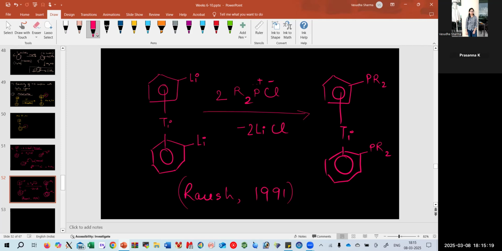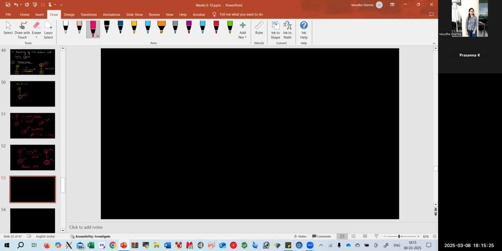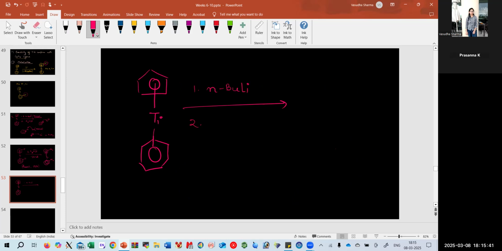Now, in a similar scenario, if I'm not giving a very strong base like TMEDA, what will happen? If I'm taking just the C5H5 titanium bound with C7H7, and now I'm only giving n-butyl lithium without any base, and in the second step I'm having PR2Cl.